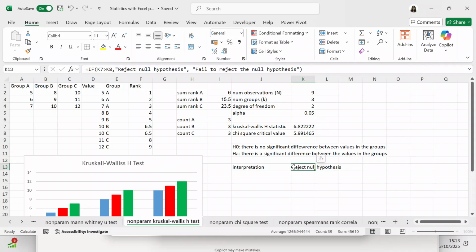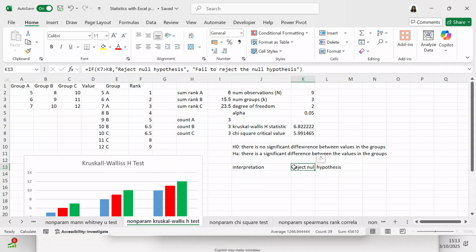If K7 is greater than K8, so K7 is 6.8 and K8 is 5.99, you're going to reject the null hypothesis. Otherwise, you're going to fail to reject the null hypothesis.